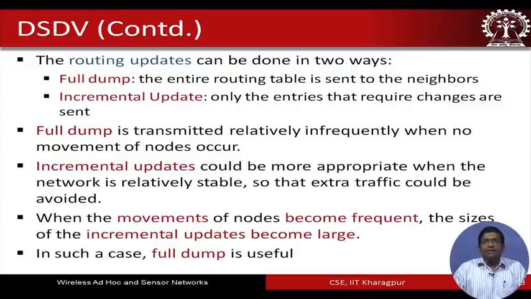It is not that the incremental update is always better than the full dump; in some cases you need a full dump, in other cases an incremental one. When the movements of the nodes become frequent, the sizes of the incremental updates become large, so it is better to go for a full dump in such cases. However, if the topology is not changing too fast, then it might be a better option to go for an incremental update.